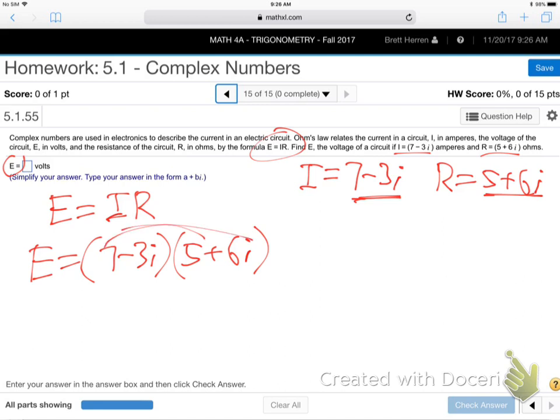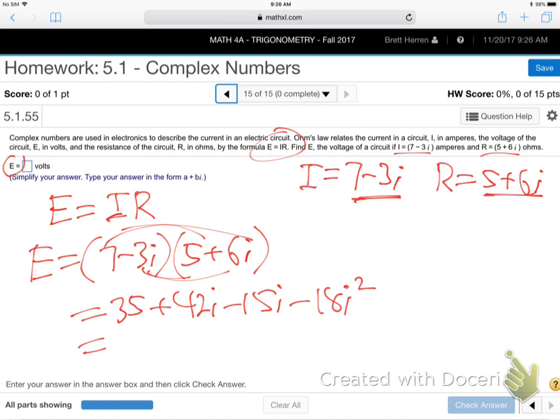All right, so you would just distribute: 35 plus 42i, minus 15i, minus 18i squared. So then that's 35. This makes 27i.